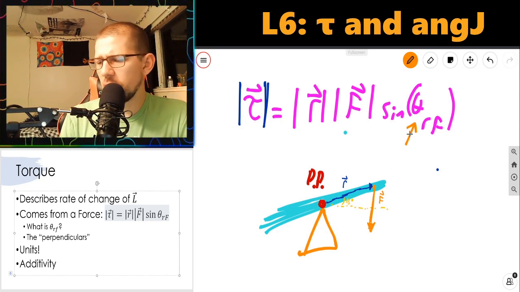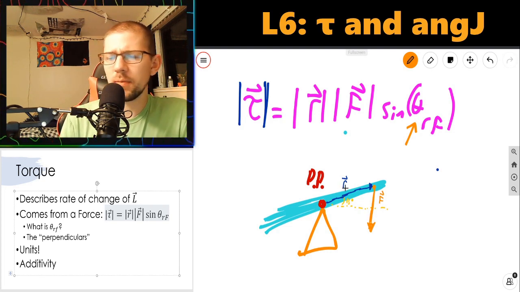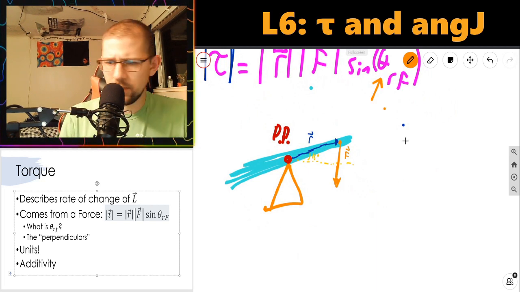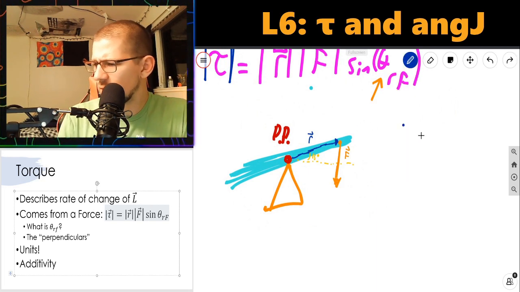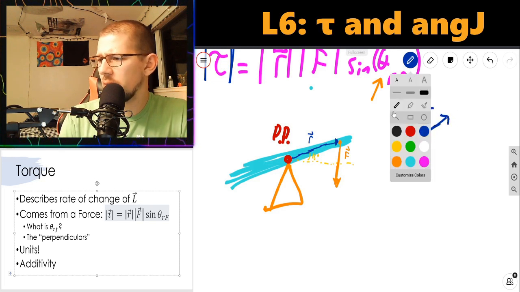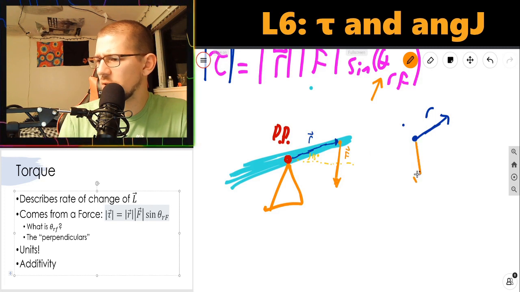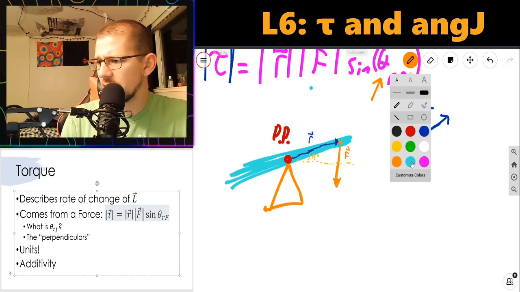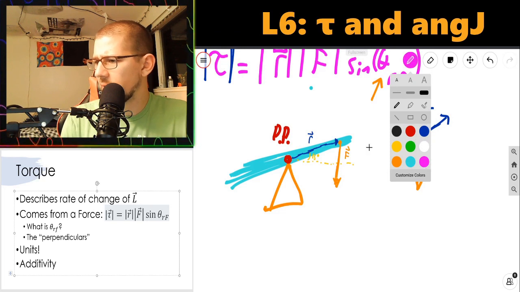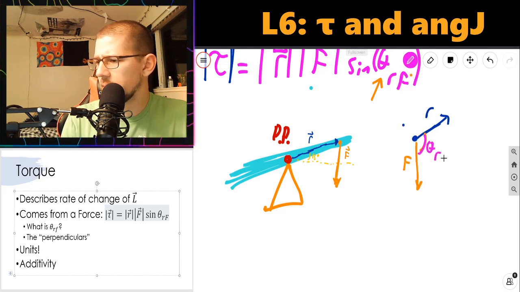This theta refers to the angle between the force vector and the r vector, the force vector and the displacement vector. What I mean is, if I were to draw each of these from the same point, there's r, here's F, as if they shared an origin, the angle between them is theta rF.